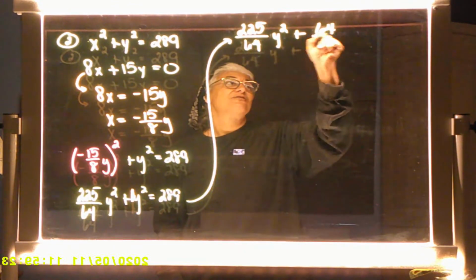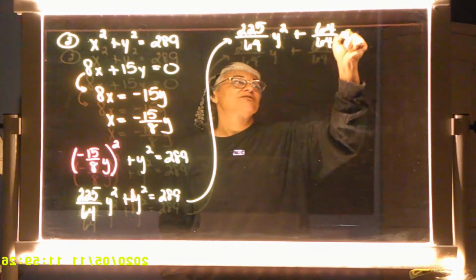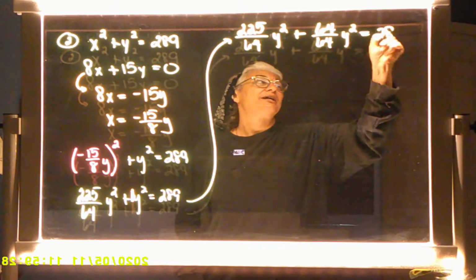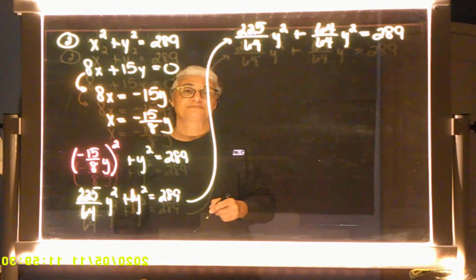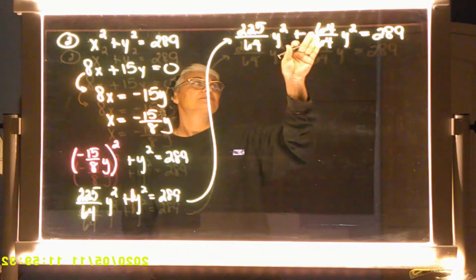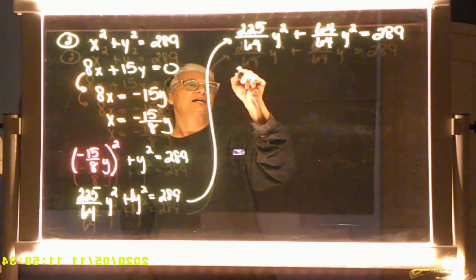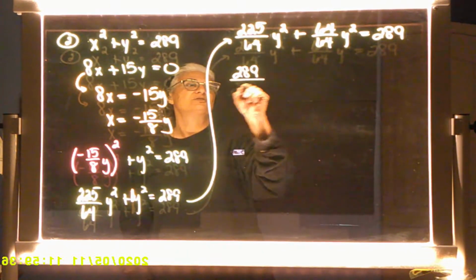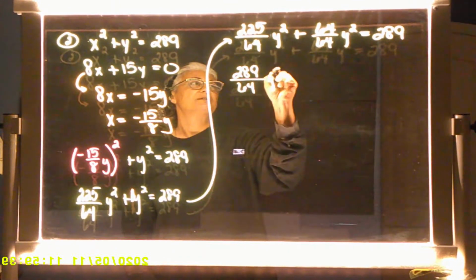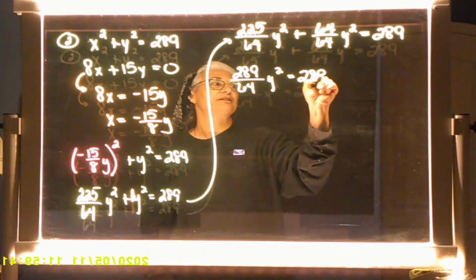So how about 64 over 64 y squared equaling 289? Okay, add them. I got 289 over 64 y squared equals 289.